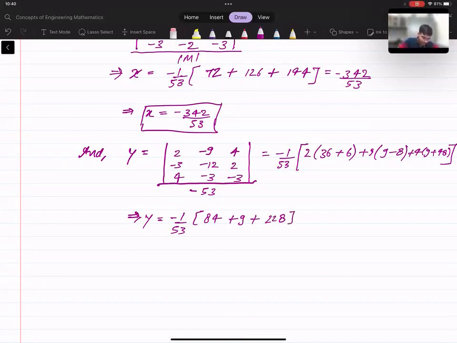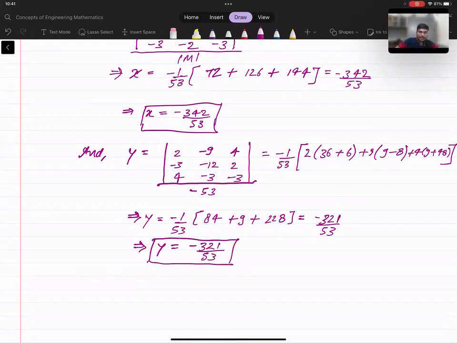So this now becomes, summing it up, we get 1 and carry 2, so this will be 10, 10 and 2 will be 12, carry 1, so this will be 321, minus 321 over 53. Okay. So this is the value of y that we get.